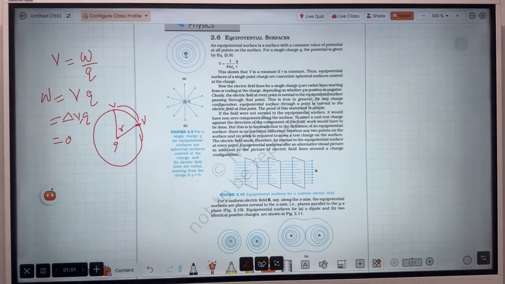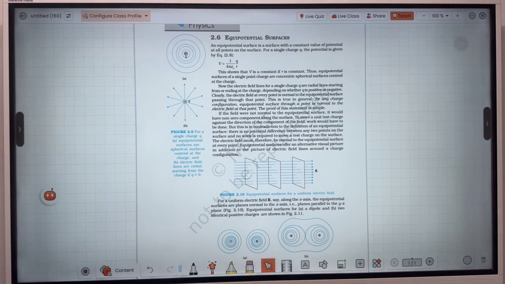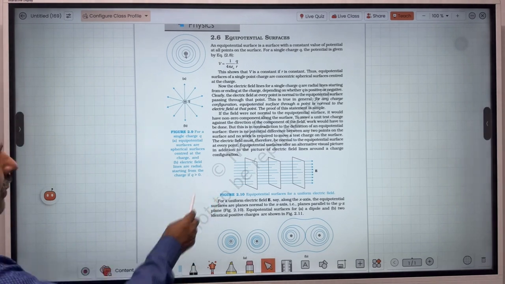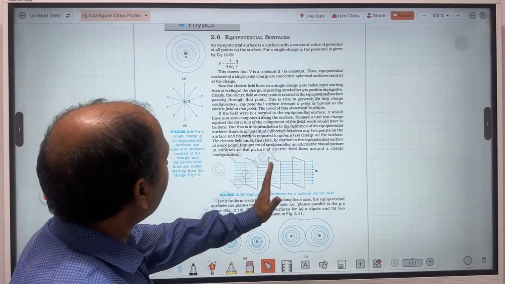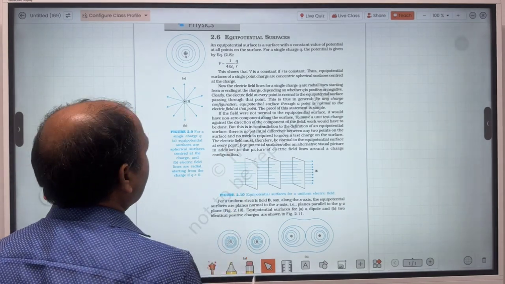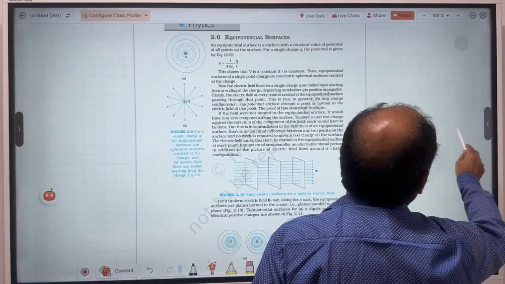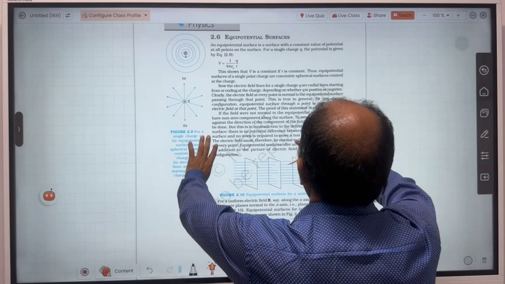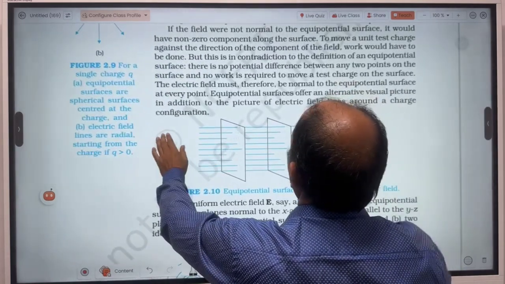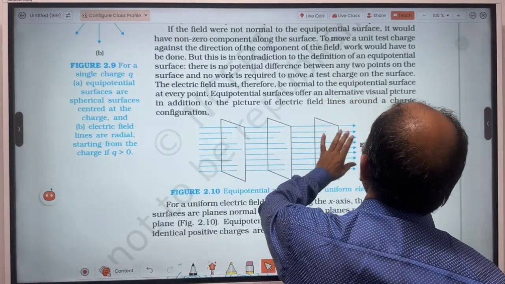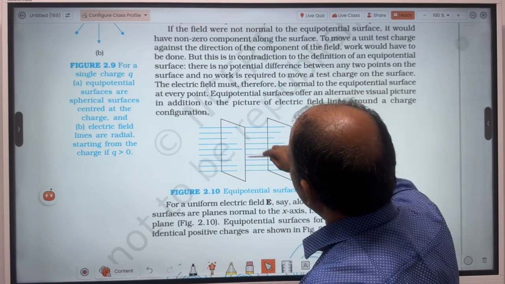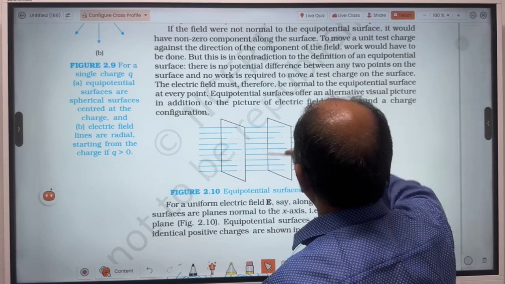Now different types of equipotential surfaces are possible. Here these are equipotential surfaces. If you make it bigger, you will see that this is a uniform electric field. So these are equipotential surfaces.